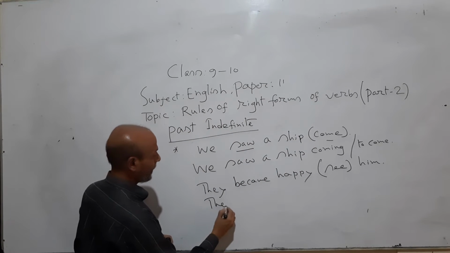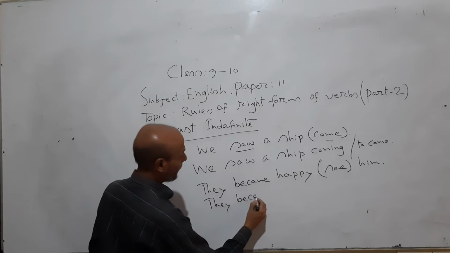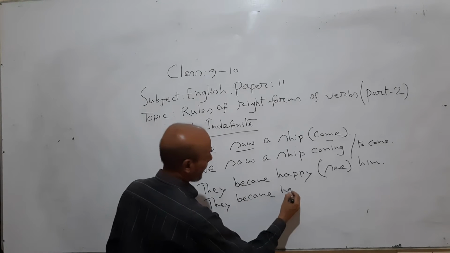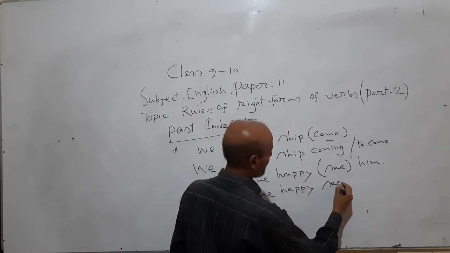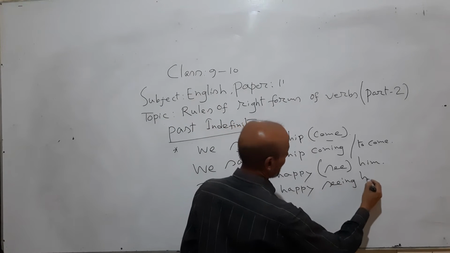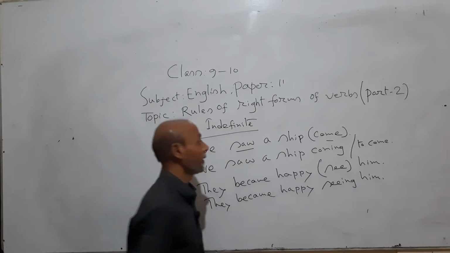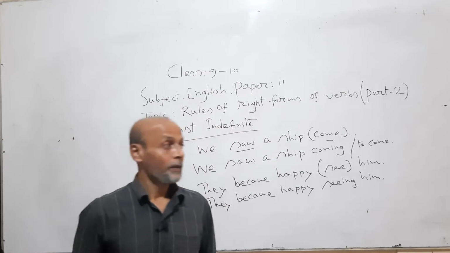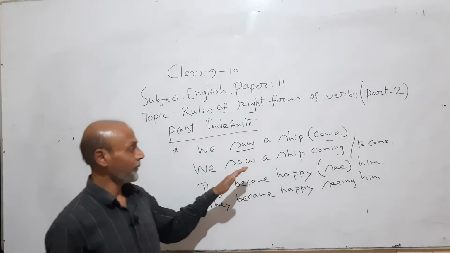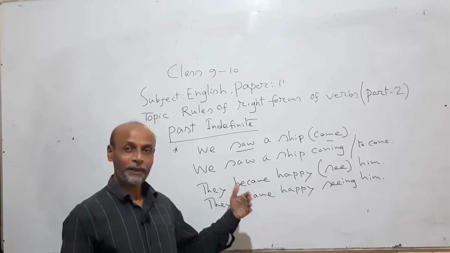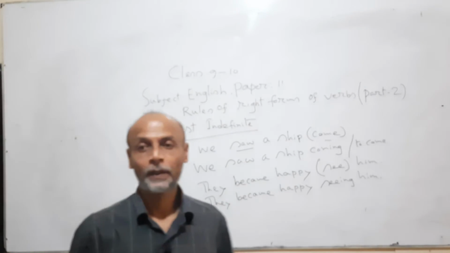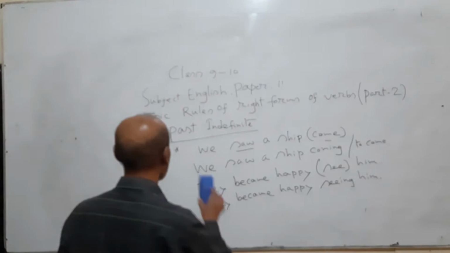They became happy seeing him. So these are easy types of sentences, and I think you can remember them easily. Another rule.